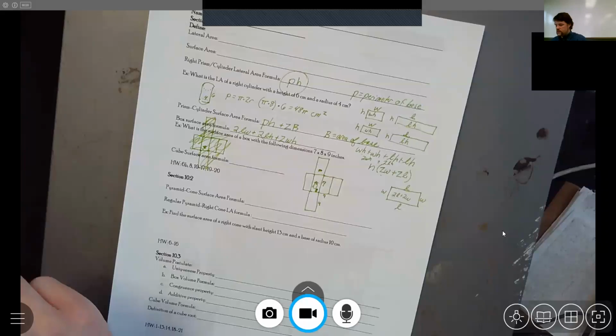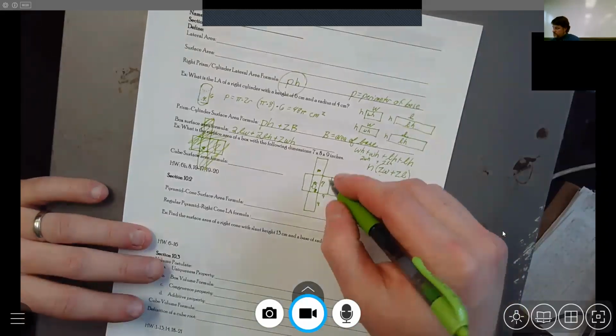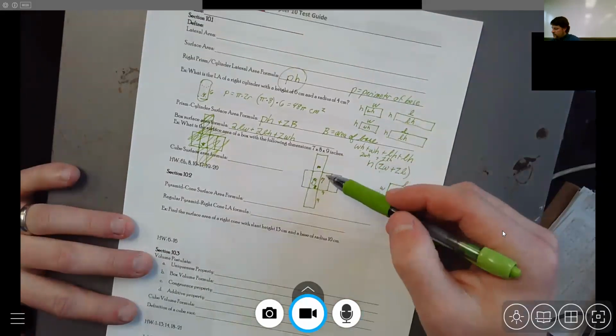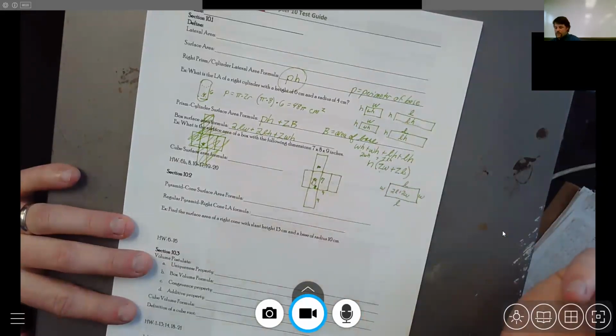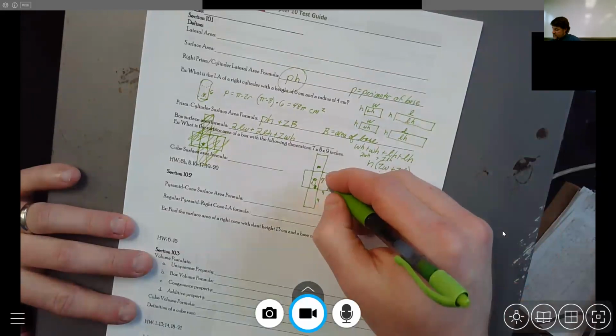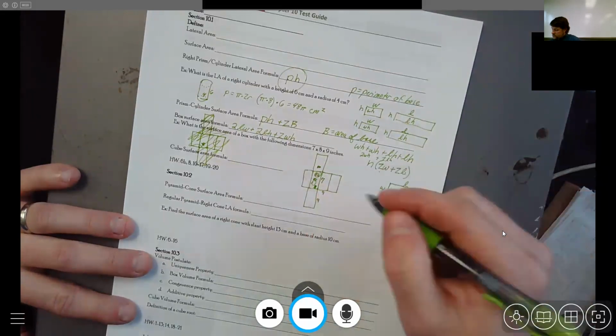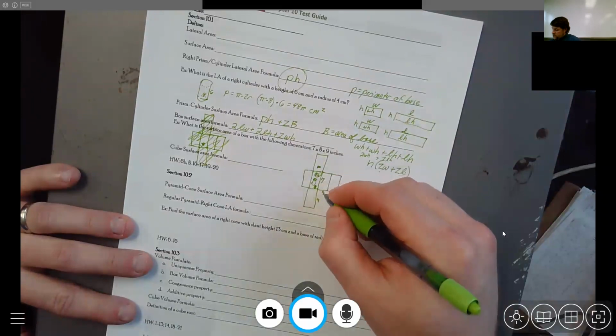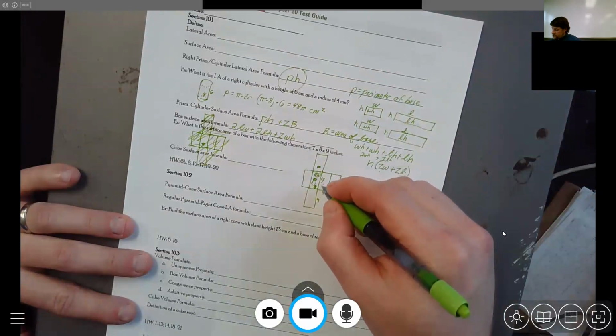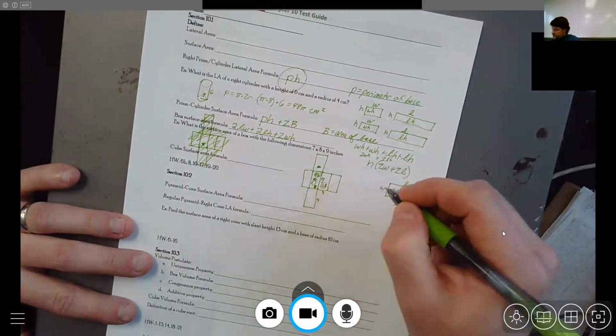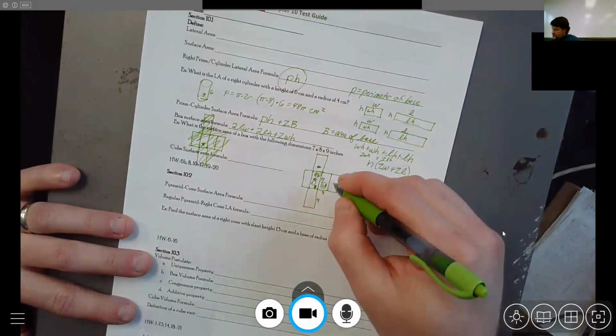All right, so then surface area is just finding the area of every one of these faces and adding them together. So 7 times 8, 56. This here is 7 by 9, that's 63. This is the same as the bottom, so that's 56.